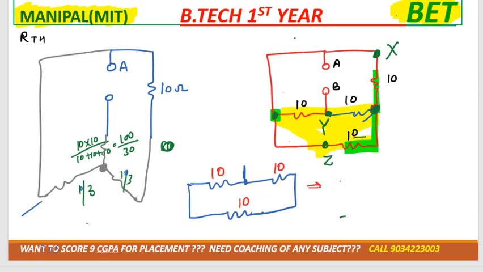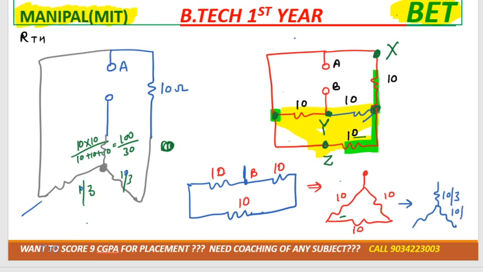So if I redraw it in a bit more detail, suppose this is point B, can I draw this structure like this? This is 10 ohm, this is 10 ohm and this is 10 ohm, right? I took the wire like this, simple. And now if I convert delta to star, it would be 10 by 3, 10 by 3 and 10 by 3.